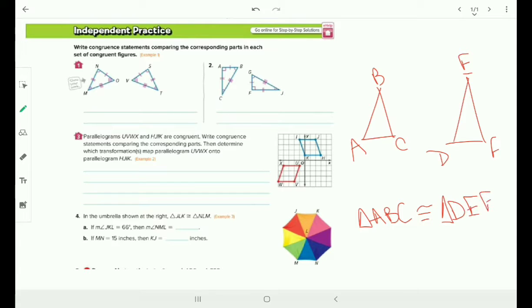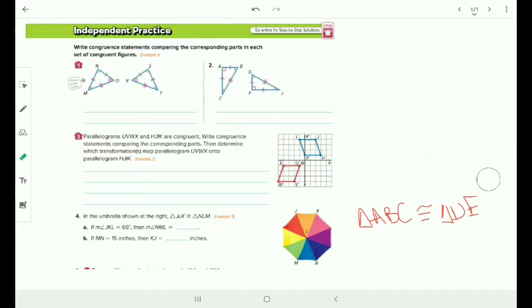Those points have to be in order. So for example, I'm not saying that triangle ABC is congruent to triangle FED. The reason it doesn't work that way is because the angles won't match up, the line segments won't match up. So we want to make sure we are labeling our parts according to what is congruent to each other.